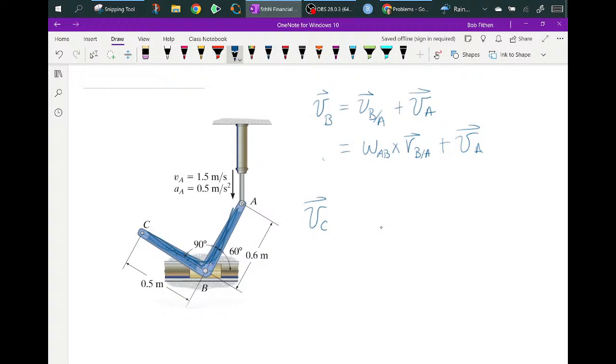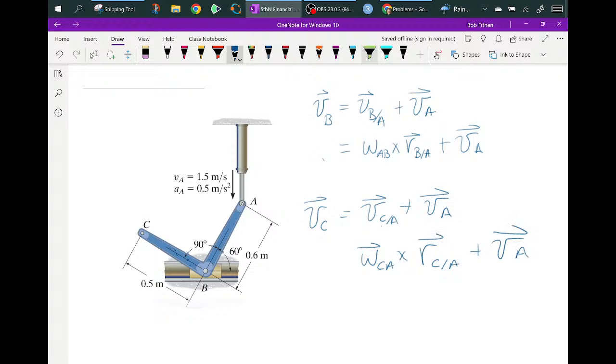This whole thing is a link, right? You may first say, okay, that would be velocity of C relative to A plus velocity A. Now, A and C are together on the same rigid link. It's not going to break this little elbow piece. And you might write omega CA cross R C relative to A plus velocity A.